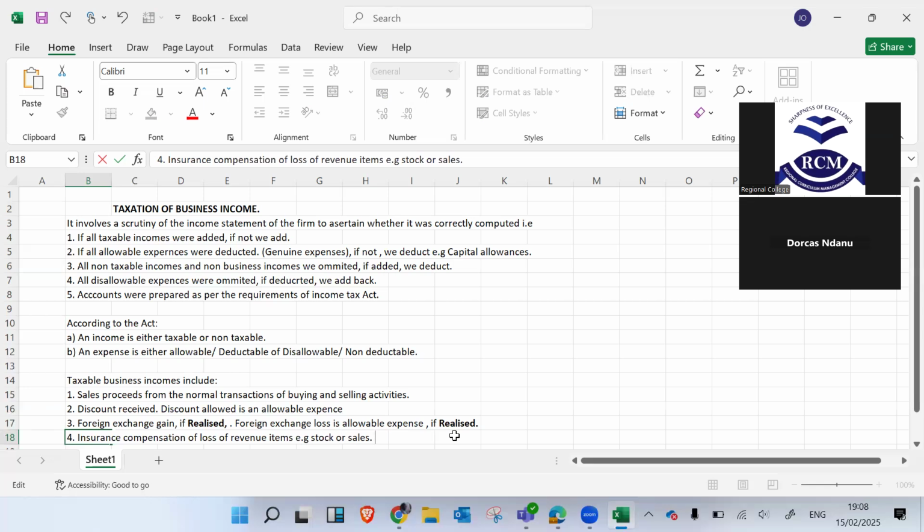Then of course, insurance compensation on capital items is a non-taxable income.